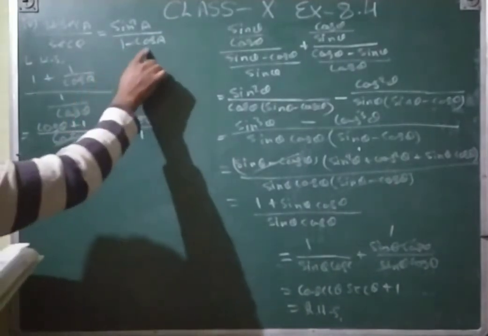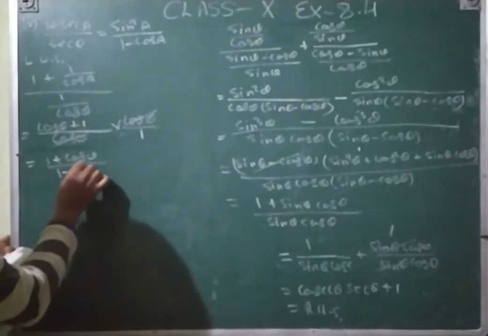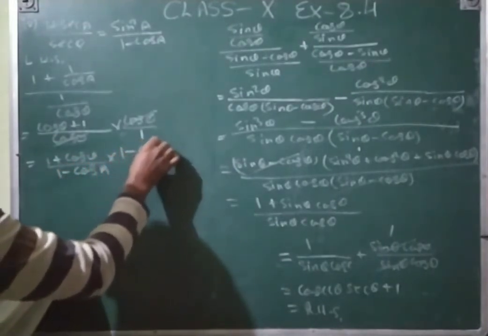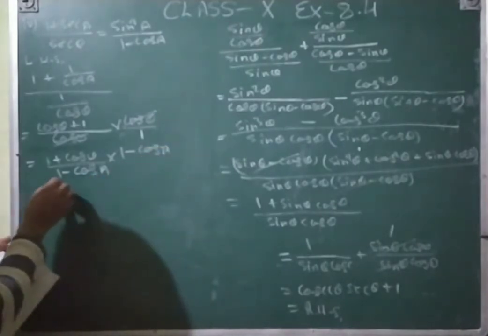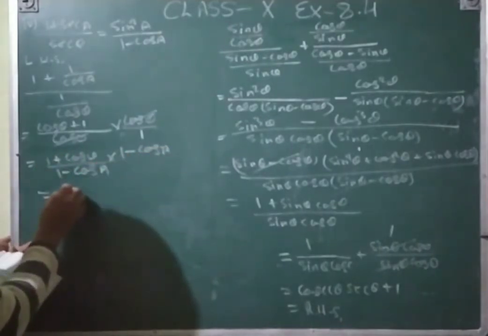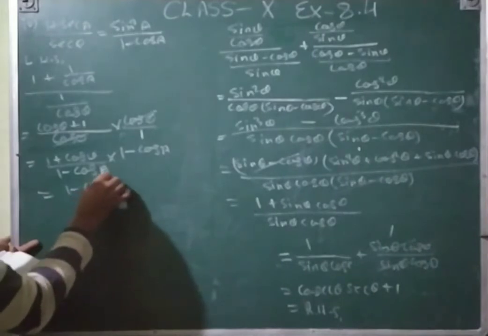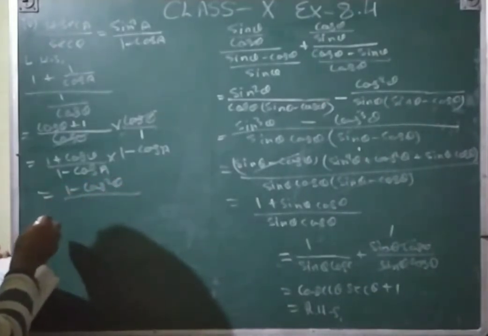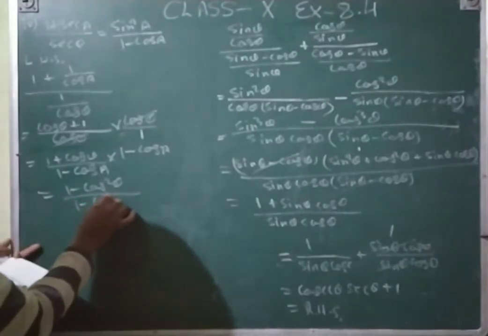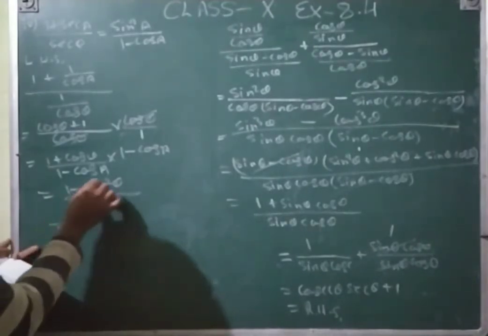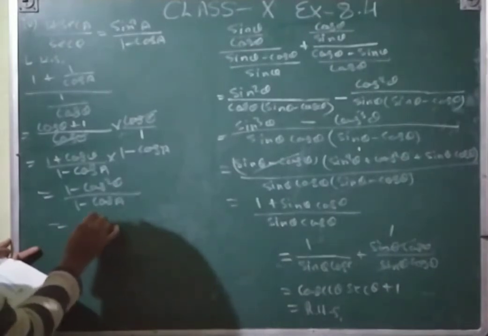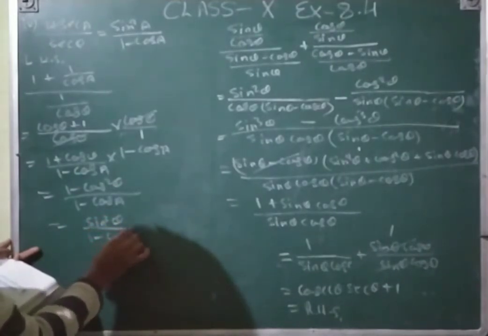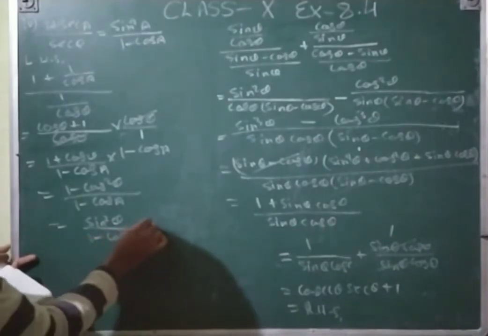So we need 1 minus cos also, so we will write here 1 minus cos, and upside also we will write the same thing, so that multiply of that one will be 1 minus cos square theta upon 1 minus cos. This is the identity: sin square upon 1 minus cos A is equal to RHS.